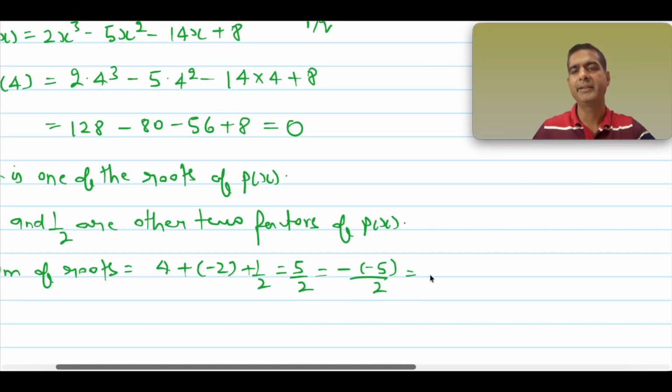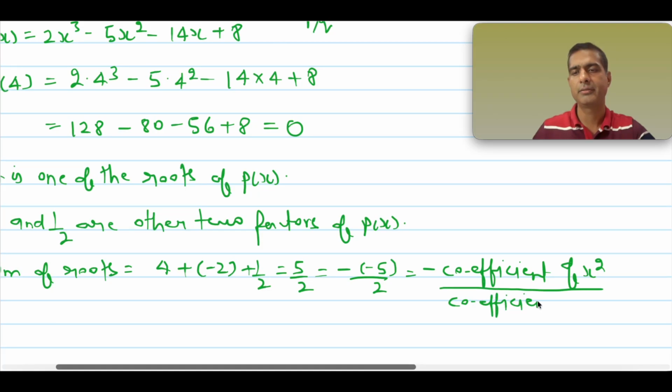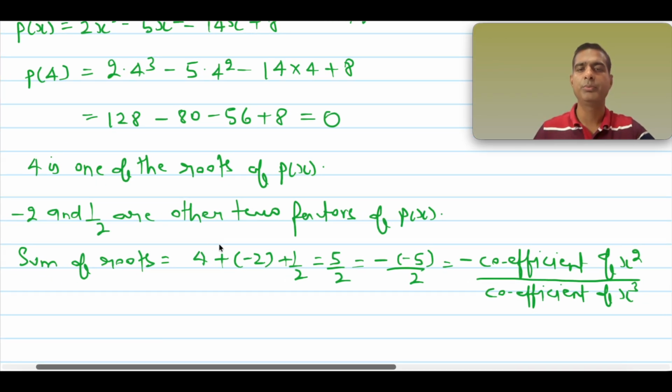So we can write here it is negative times coefficient of x square divided by coefficient of x cube. So sum of the roots in a cubic polynomial is given by negative times coefficient of x square divided by coefficient of x cube.